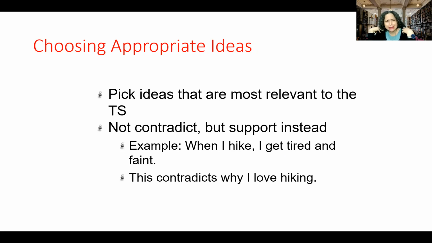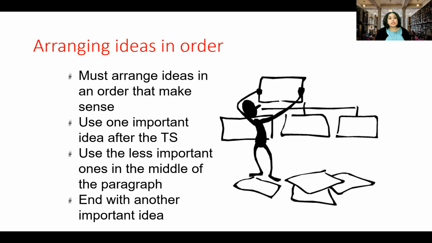This is a negative part. It's not supporting my love. If I get tired and faint, what am I even writing about this? This contradicts why I love hiking. So we need to avoid those and arrange the ideas in order. That might be so helpful.